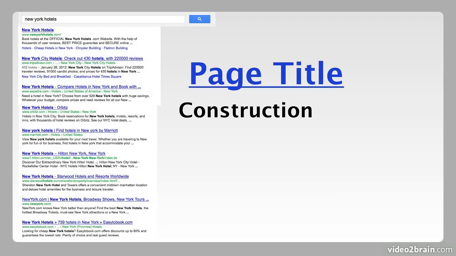The page title is critical because the page title is the first marketing message that a searcher will see about your website. Now, there's a couple of different ways that you can build these page titles. You can be short and sweet. So if someone types in New York hotels and that's who you want to get and that's where you want to rank, then you just make your page title New York hotels.